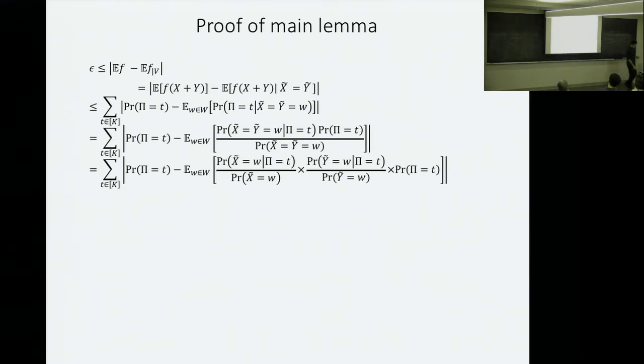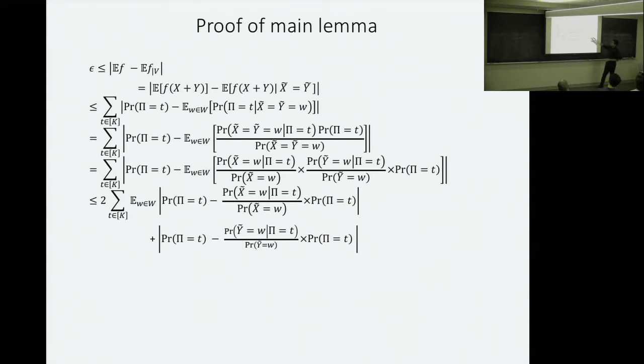So now, what is the next step to do? It's basically just separating out these two. For example, you can use an inequality like 1 minus AB is less than 1 minus A plus 1 minus B. And that is just it. But now I multiply back this average thing, so this is just this probability.